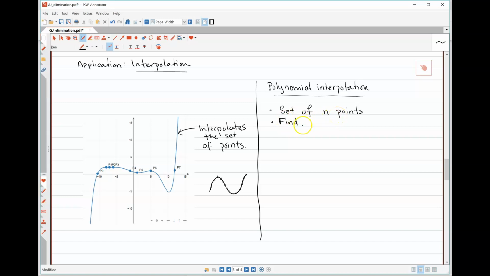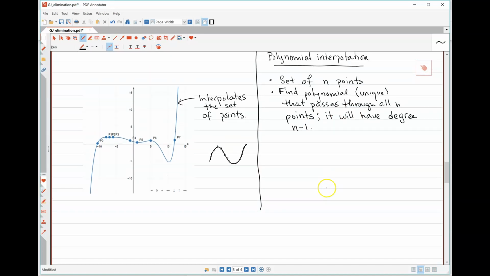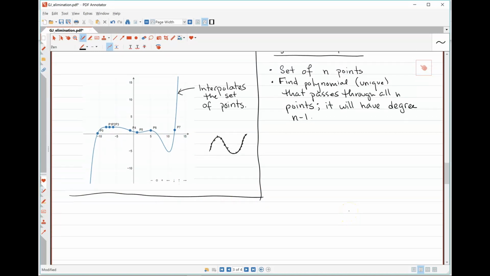So we want to find the polynomial. This is a unique polynomial that passes through all n points, and we'll just note that it will have degree n-1. I think I can show you how to do this polynomial interpolation by just working through an example. Polynomial interpolation is not too hard.